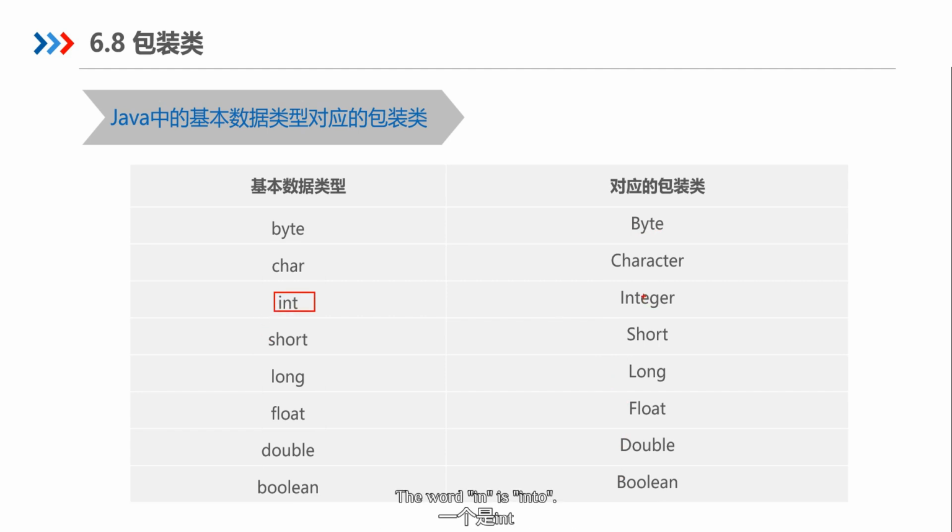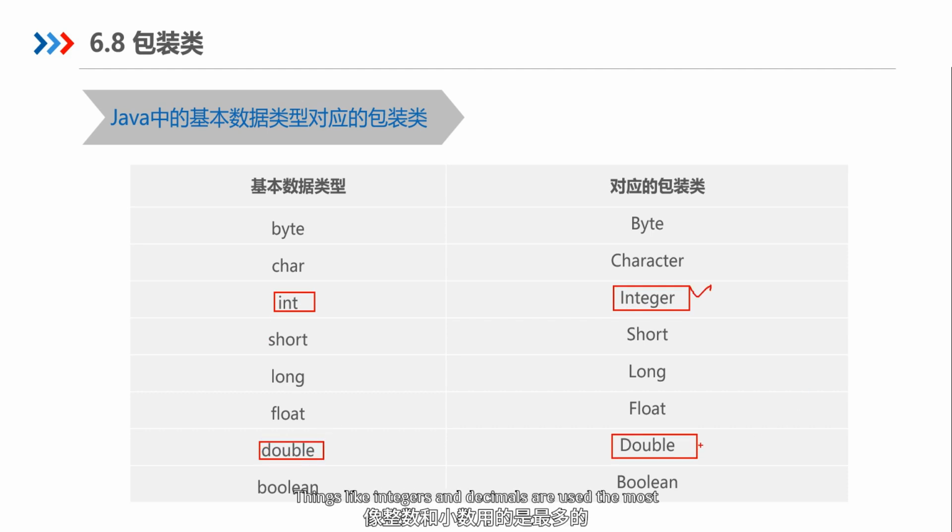The one for int is Integer, and the other one is Double, because integers and decimals are used the most. Another is Boolean, which is capitalized. Then one more thing to remember is Character. Just remembering these four is enough.